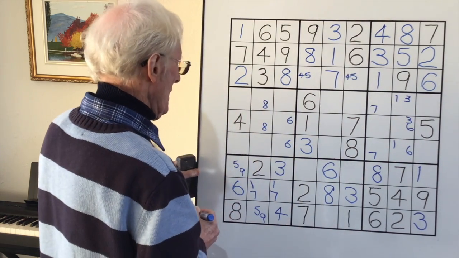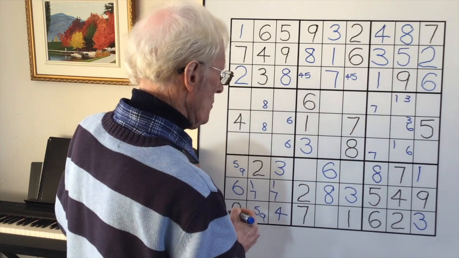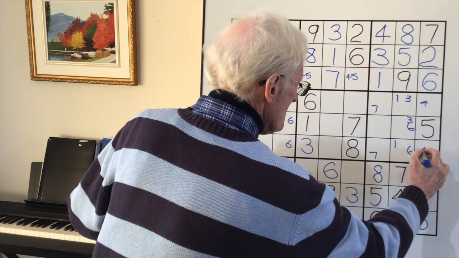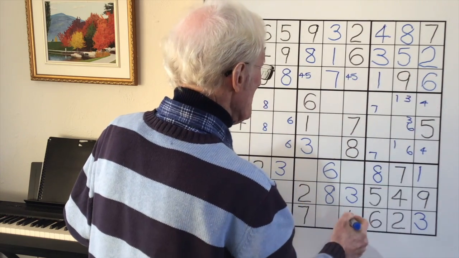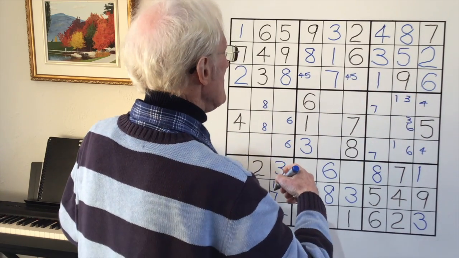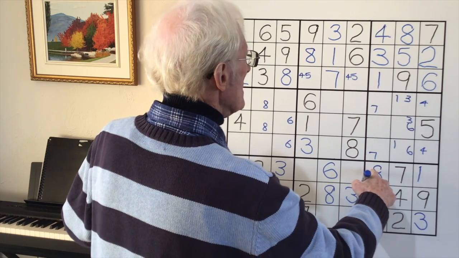Okay. 4s. 4s has to be over here and there. 5s are there. 6s, one of these is going to be a 6. 7s, one of these will be a 7. 8s, 8. Well, look at this.